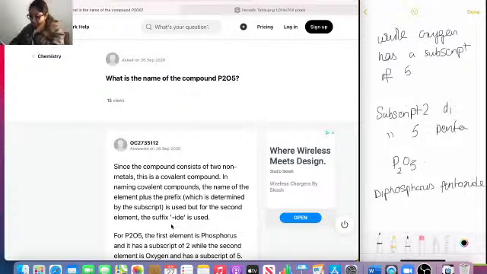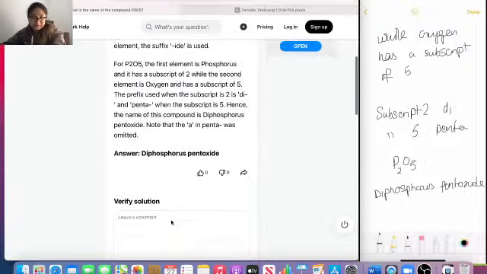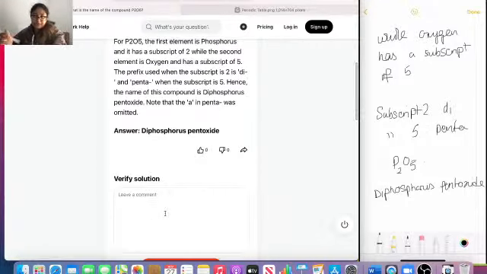Remember how I said when you're naming the last element, you have to add "ide" at the end, so it would be diphosphorus pentoxide. Note that the a in penta was omitted because oxide starts with a vowel, so you won't really say pentaoxide, it's pentoxide. So this is how you say the name, and this is correct.